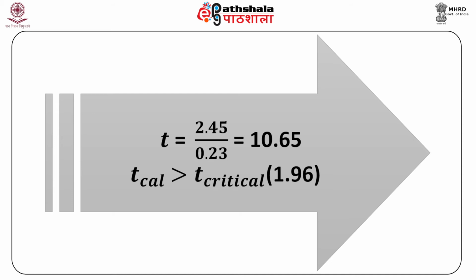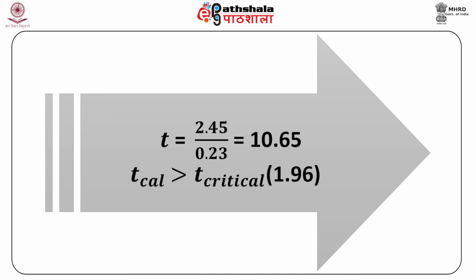We know that if this T calculated is greater than the T critical value of 1.96 at the 5% level, then the decision can be taken in favor of rejecting the null hypothesis. So the value of 10.65 decides in favor of rejecting the null hypothesis, and concluding that earnings are significantly affected by the level of schooling.